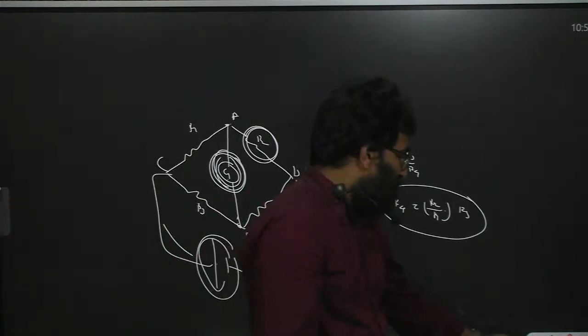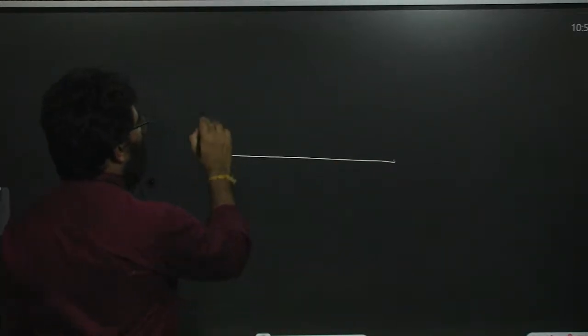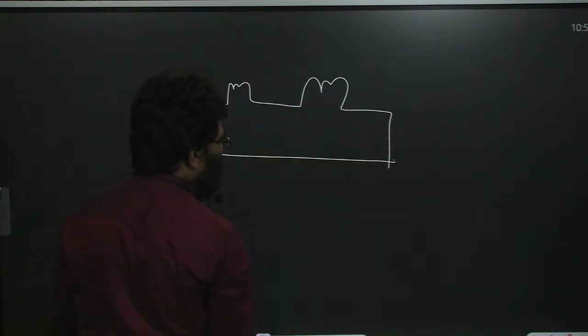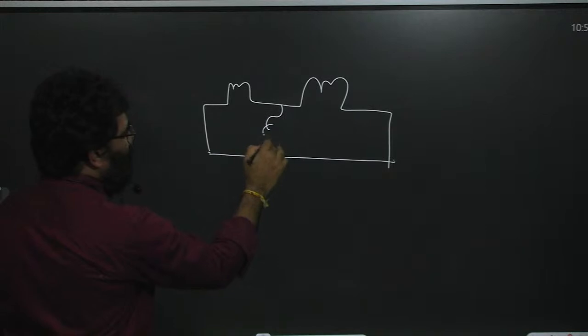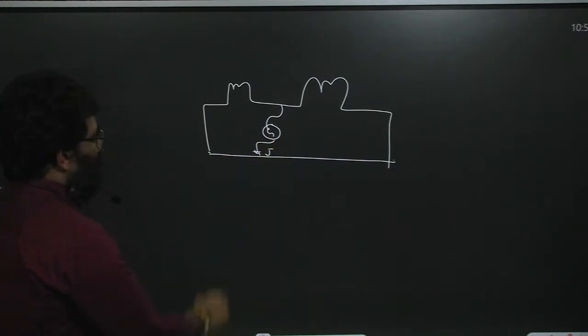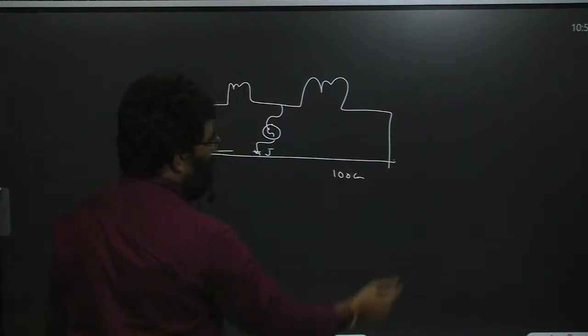Now coming to the meter bridge. The meter bridge is a 1 meter wire connected between points A and B, with one gap having the unknown resistance and the other the known resistance. We have a jockey and a galvanometer. The resistance per unit length of this 1 meter wire of 100 centimeters is lambda.